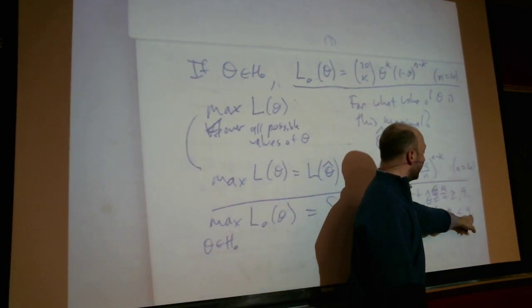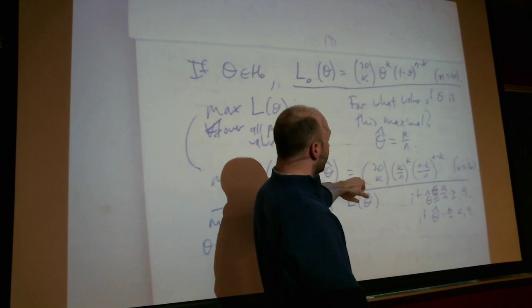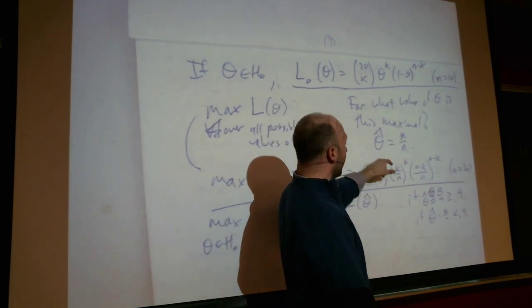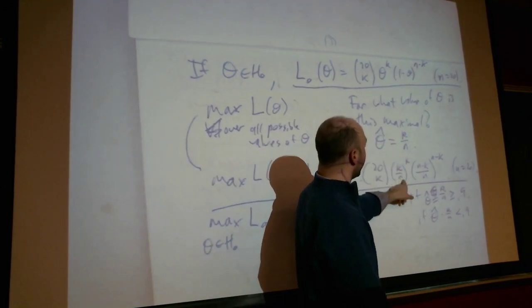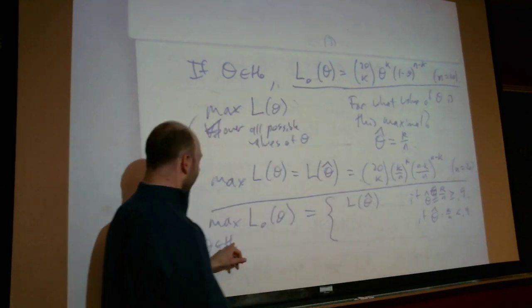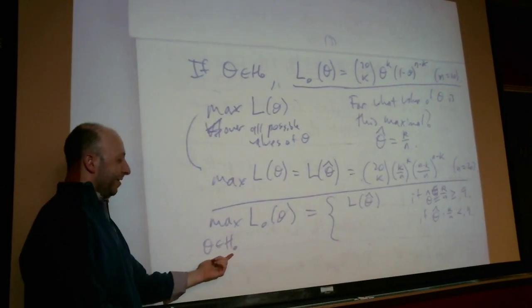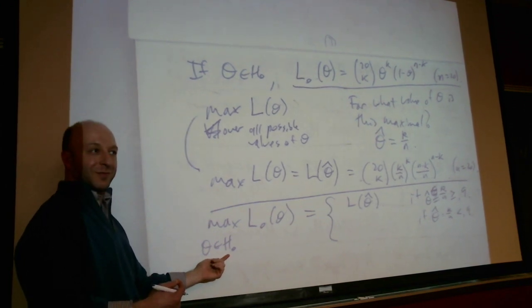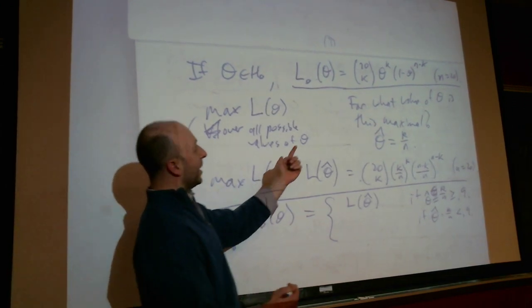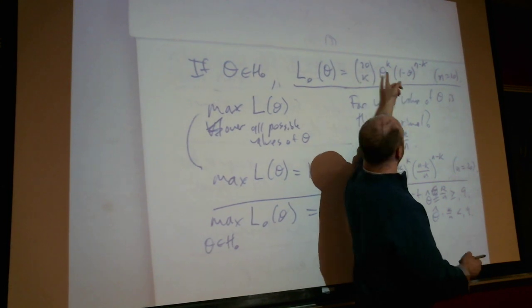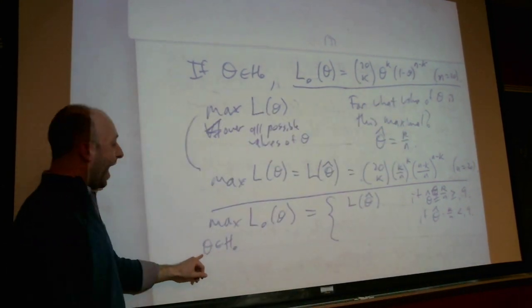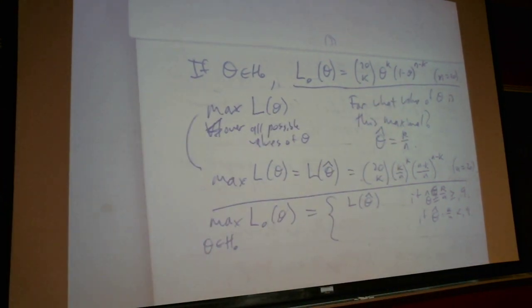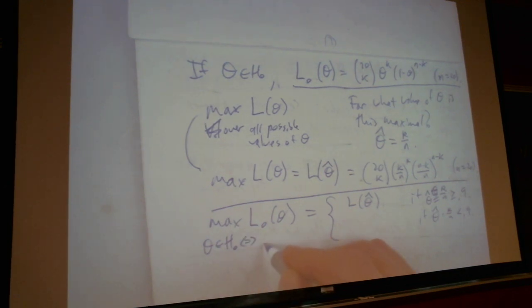If the outcome is actually less than 0.9, then the largest likelihood we can get is not the likelihood when we replace theta hat by k over n, but the likelihood we get by maximizing this thing over all values in H0. So I want to maximize this function subject to theta being at least 0.9.